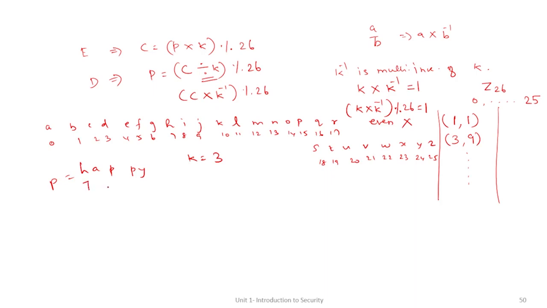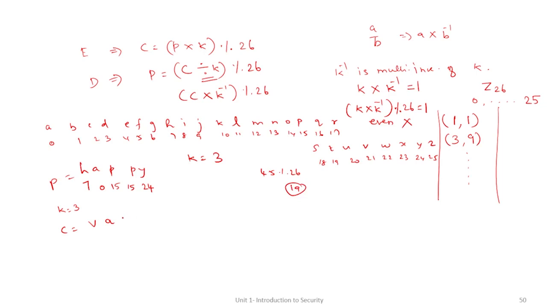So H value 7, A value 0, P value 15, another P value 15, Y value 24. K is given as 3. So the ciphertext is 7 into 3, 21. So the 21st value is V. 0 into 3, 0. So the value is A. 15 into 3, 45. 45 mod 26 gives 19.